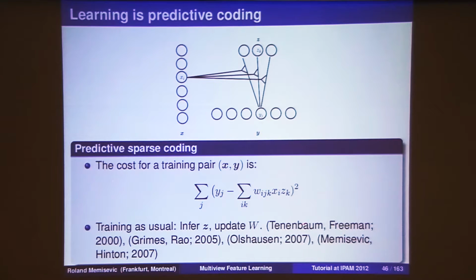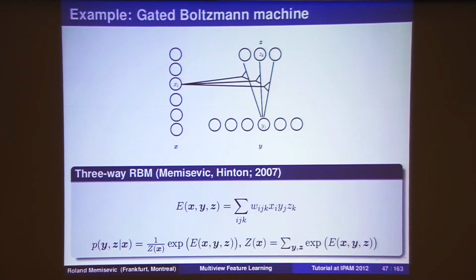Here are a few references of various instantiations of this model. One that I'm going to focus on a little bit is the Boltzmann machine version. To get that, you take your energy function in an RBM, and rather than having a pairwise interaction, you have a 3-way interaction between x, y, z's. And you have a parameter for each one of the triplets, xi, yj, zk.